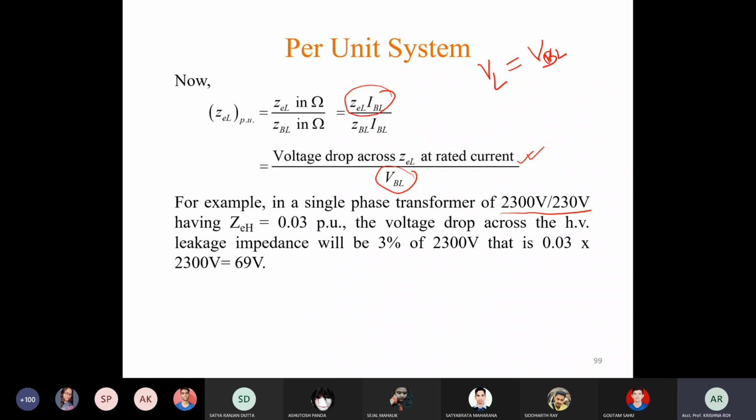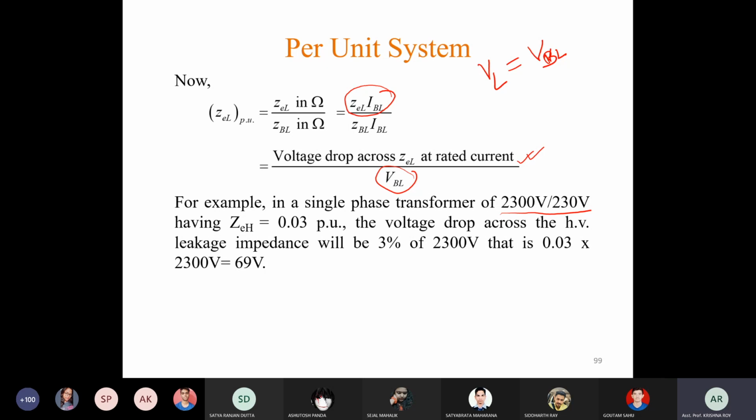Now if this transformer has ZEH equal to 0.03 per unit, that means the high voltage side leakage impedance in per unit is equal to 0.03 per unit.